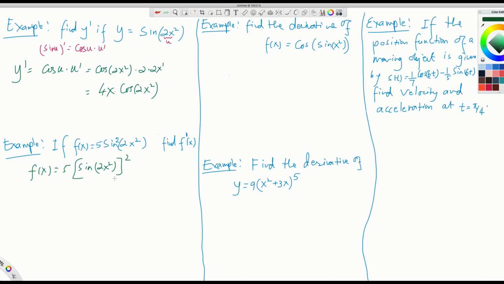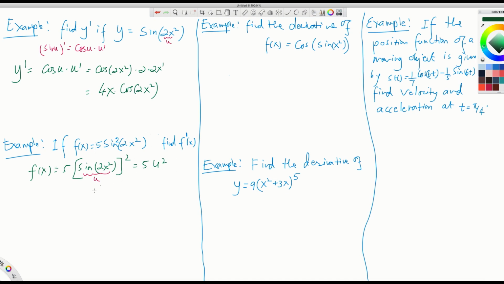So you will have to use the chain rule twice here. Let us think of the sine of 2x squared as u first. Then it is 5u squared.